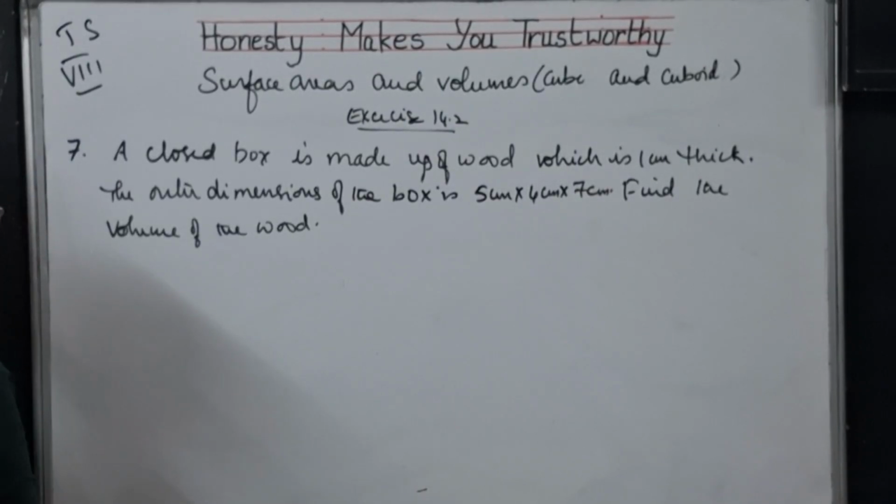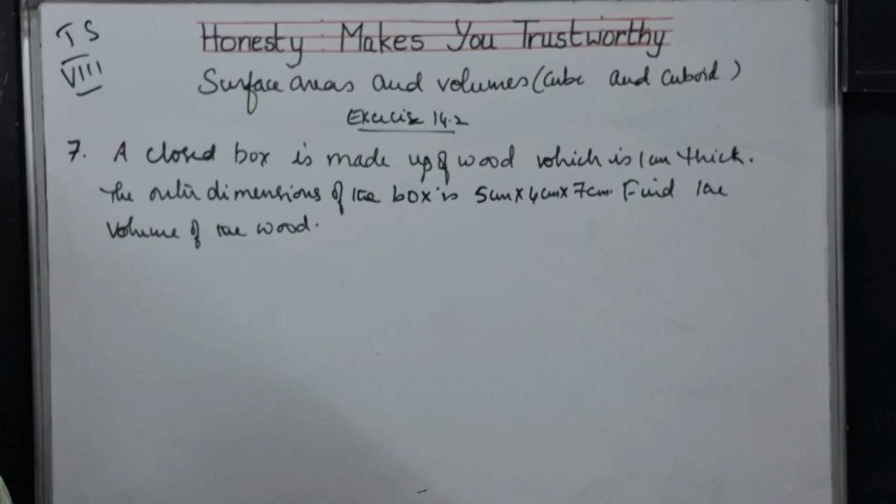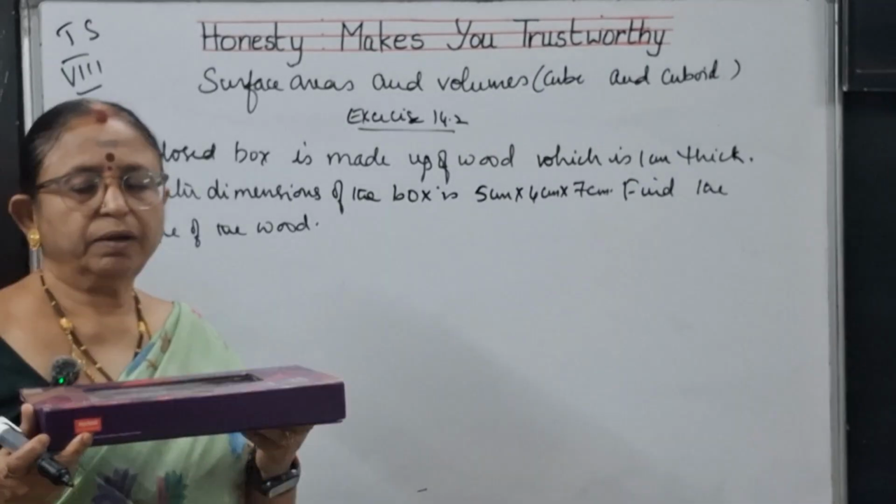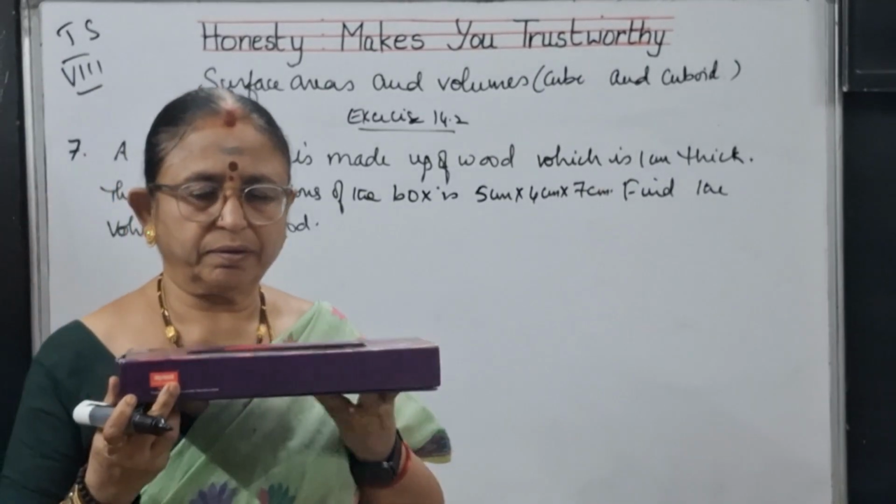Now, the next question: a closed box is made of wood which is 1 centimeter thick. The outer dimensions of the box are 5 centimeters, 4 centimeters, 7 centimeters. Find the volume of the wood. See children, just as an example, I am showing you a box. Suppose this is a wooden box.